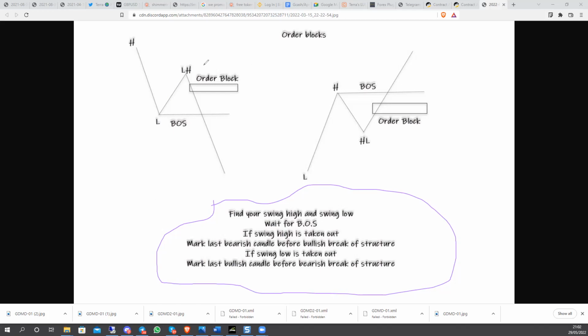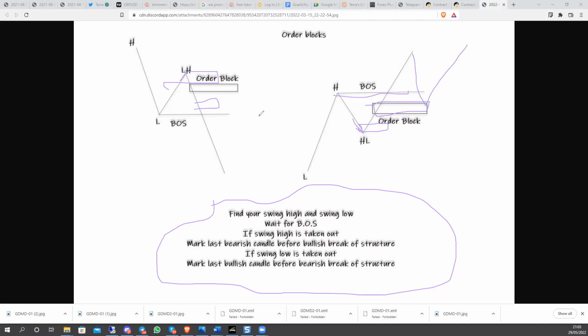Sometimes it might be a candle right up here, the last candle, or if there's a pullback, it could be somewhere in here. It could be down here somewhere, even in part of this swing if it's a big candle, or could just be the last opposite candle before the break of structure.